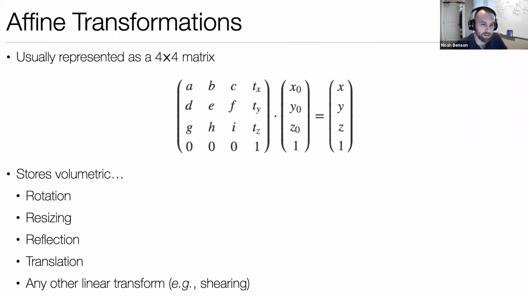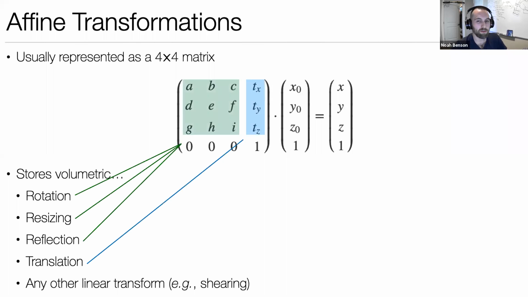This matrix generally stores things like rotation, resizing, and reflection in the upper left corner, and translation in this column vector here. It can hold basically any linear transform. In addition to rotation, resizing, and reflection, you can get things like shearing as well.